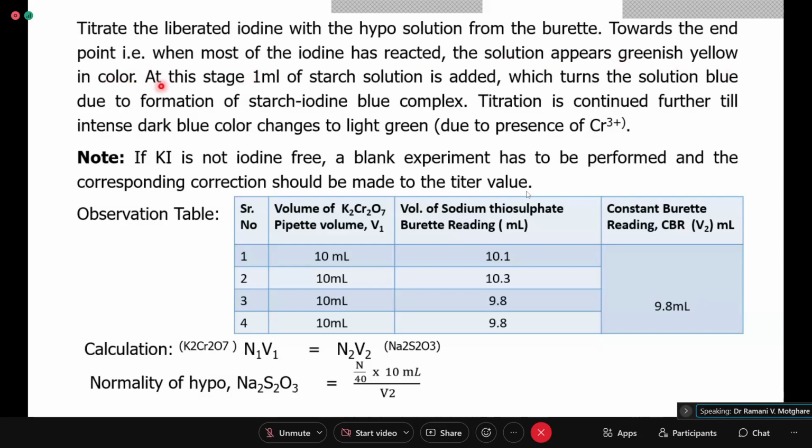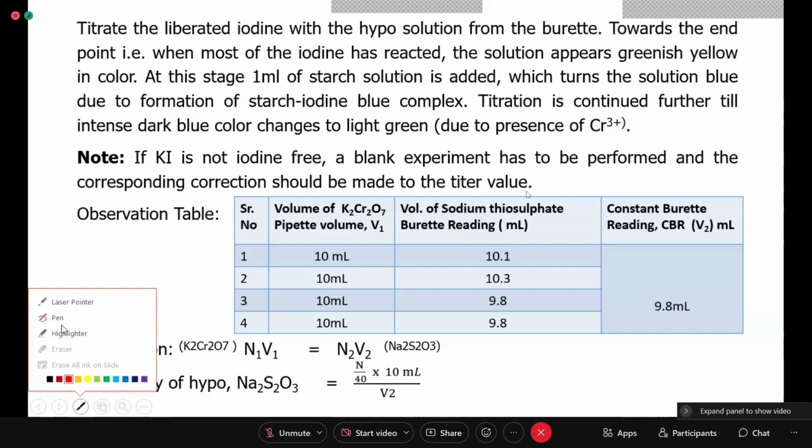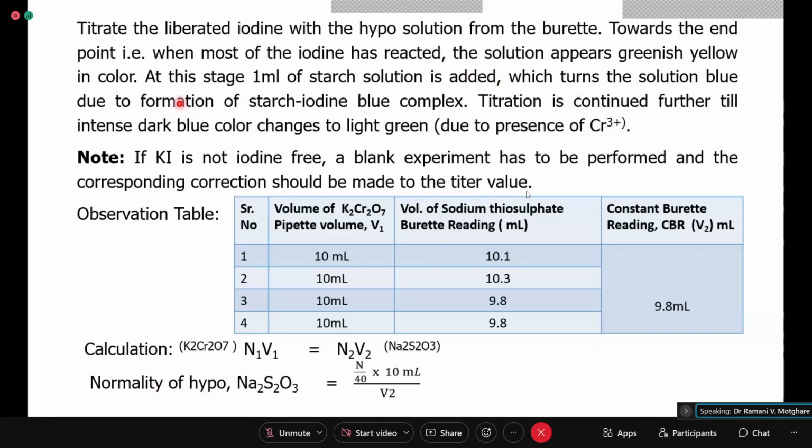At this stage, 1 ml of starch is added as an indicator, which turns the solution blue due to formation of starch iodine blue complex. Titration is continued further till intense dark blue color changes to light green. Light green or light sky blue color generally is obtained due to presence of chromium 3+.